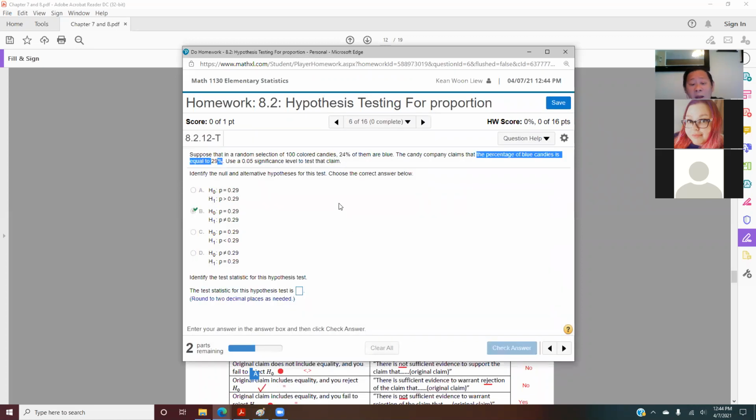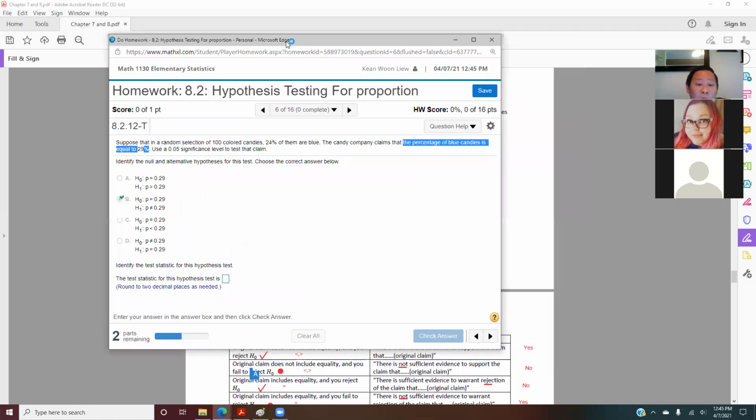The next question is to do your hypothesis testing here. So you are required to find the test statistic. In order to do your test statistic, you do need StatCrunch.